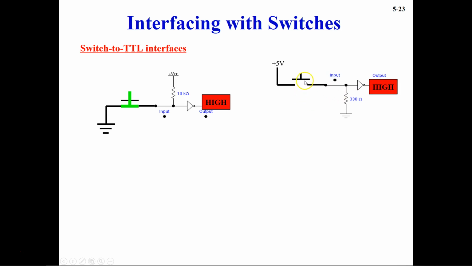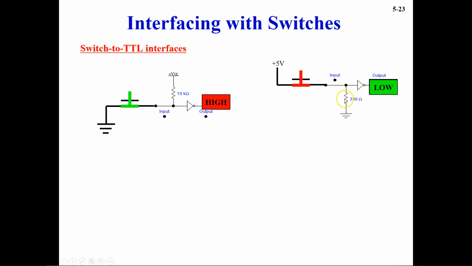And then the second case would be when the switch is closed. So let's see what will happen. When the switch is closed, then you are going to get high input to the TTL, right? So if your input is high, then your output is going to be inverted, and that's why you got low. So this type of circuit is called your active high circuit, and this switch is called your active high input switch.